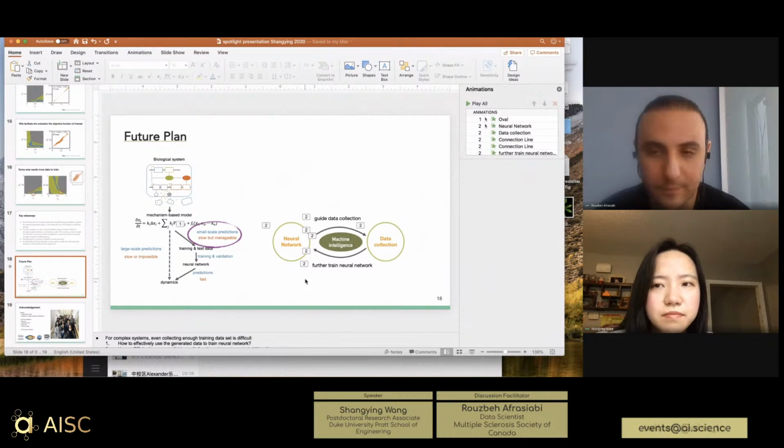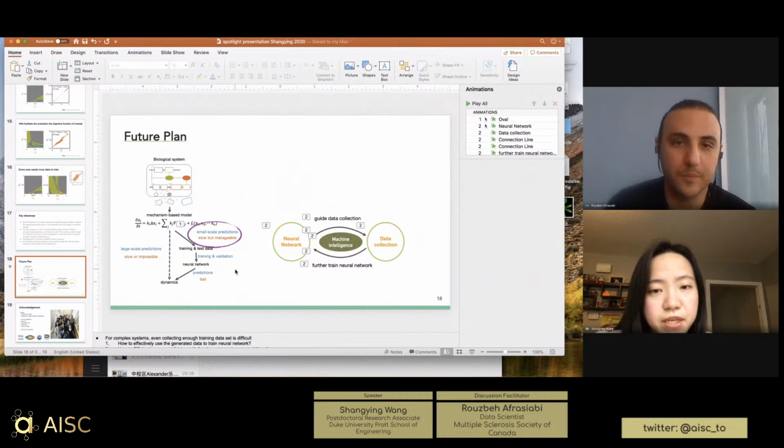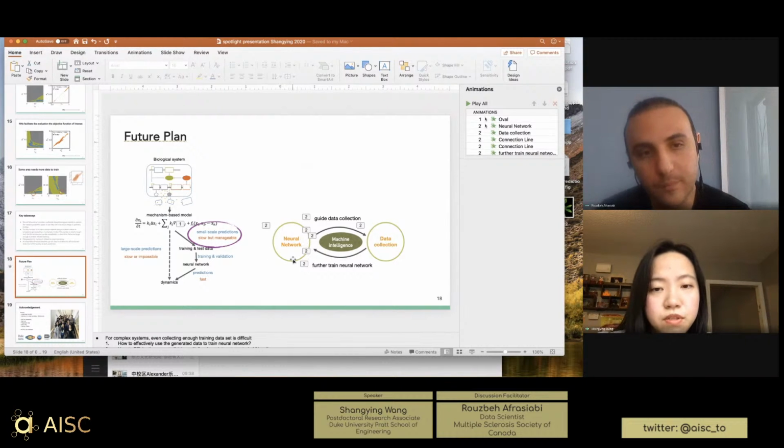So actually, I have very preliminary results. It's also based on ensemble predictions. With data collection feeding the neural networks, maybe at first only a very small batch, like 1,000, the neural network can estimate the sensitivity between the inputs and outputs.